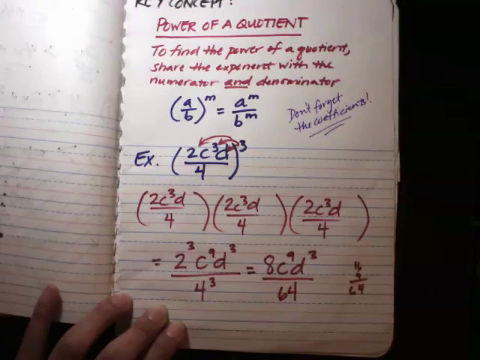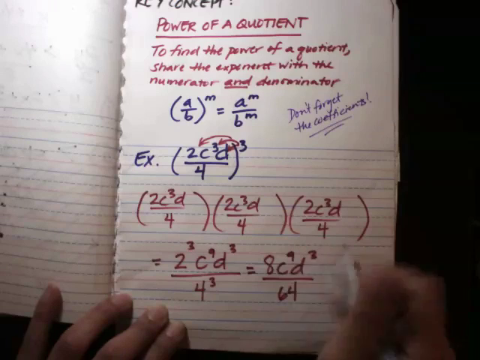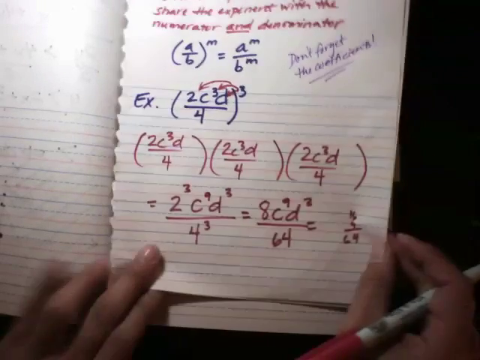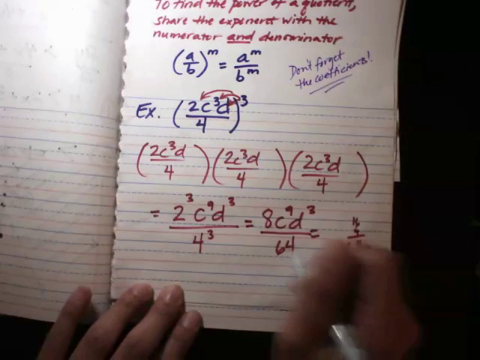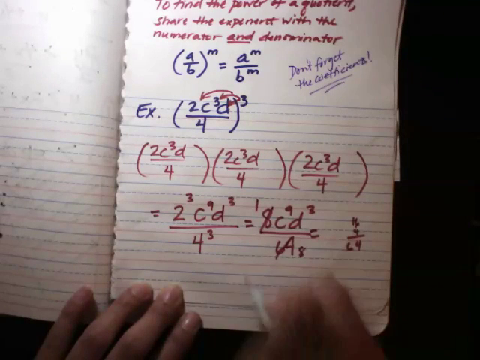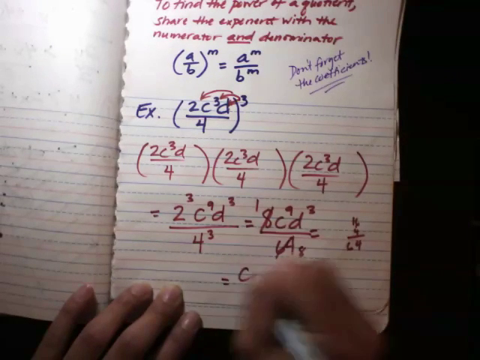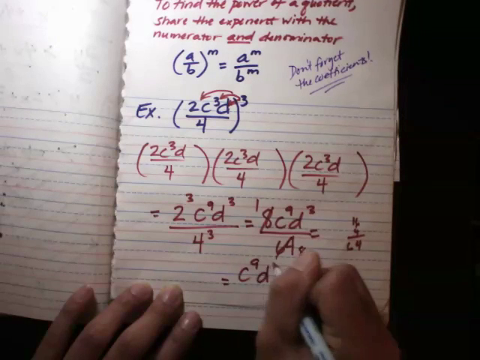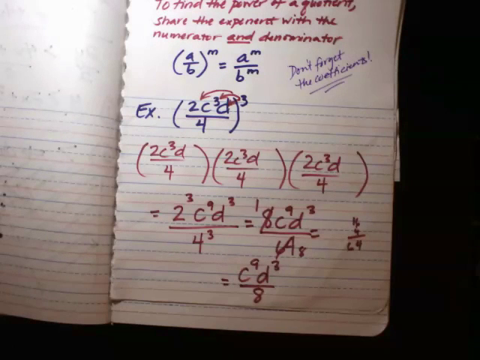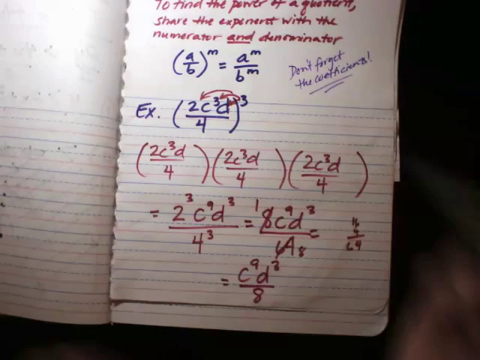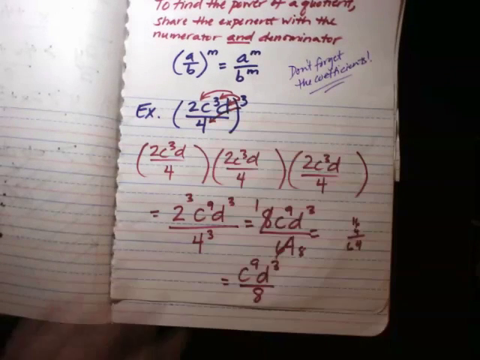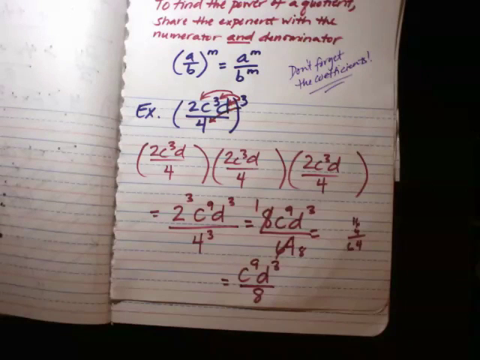We can still simplify because we know that we have common factors here. 8 goes into 8 once, 8 goes into 64 8 times. So my final answer, simplified, would be c to the 9, d to the third, all over 8. So you're sharing that exponent not just with the numerator, but also with the denominator.